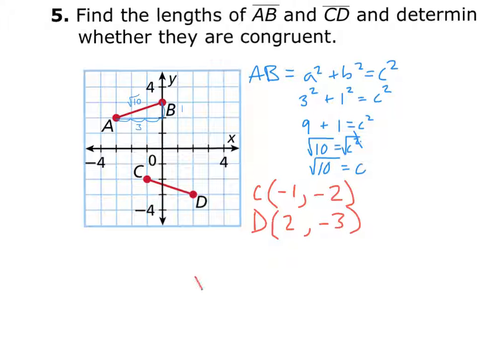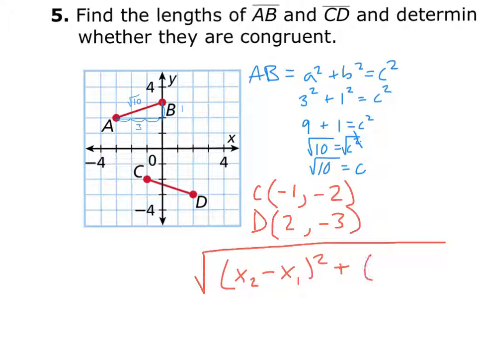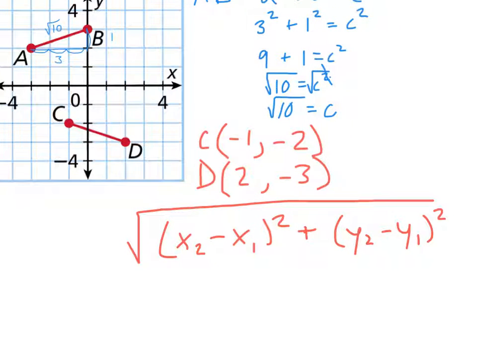So the distance formula we know is the square root of (x2 minus x1) squared plus (y2 minus y1) squared. So we can call C our first point. So -1 will be our x1, -2 will be our y1, 2 will be our x2, and -3 will be our y2.